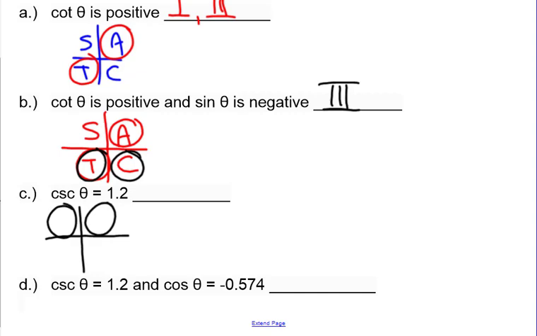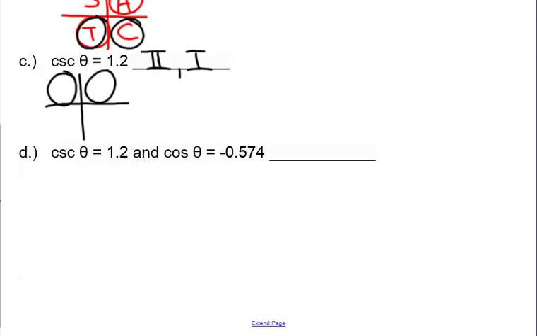There'll be two spots where cosecant is equal to 1.2: quadrant II and quadrant I. And last but not least, cosecant is equal to 1.2 and cosine is equal to negative 0.574. Our first one, cosecant is positive because that's our sine in quadrant I and quadrant II. But our cosine is negative. Cosine is negative in quadrant II and quadrant III. Where both apply is quadrant II.